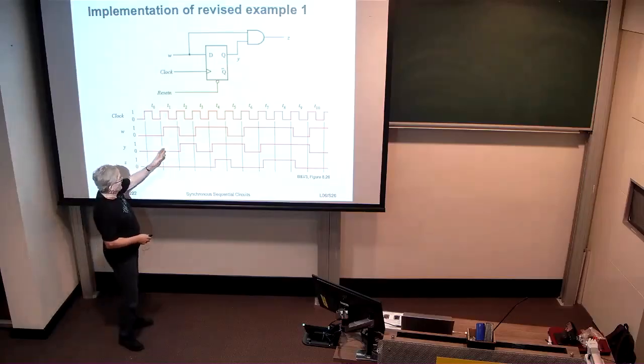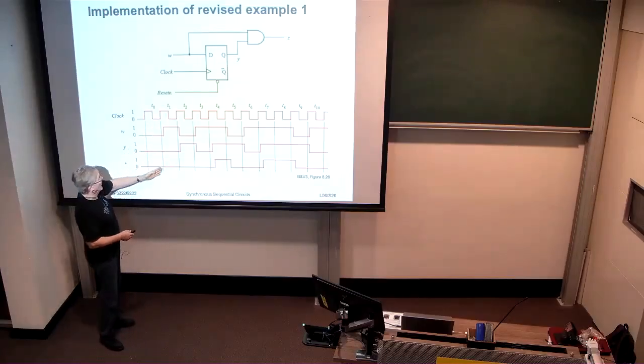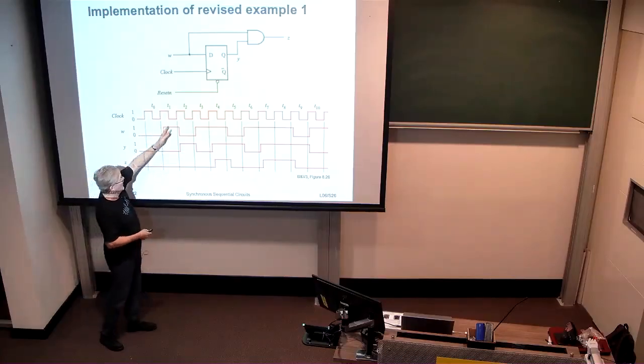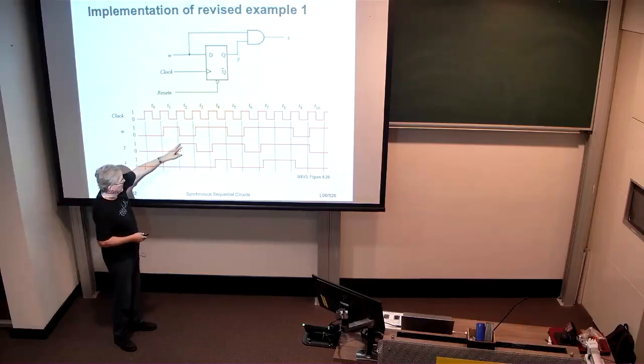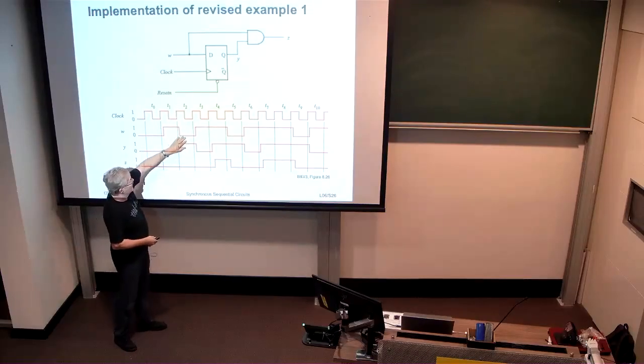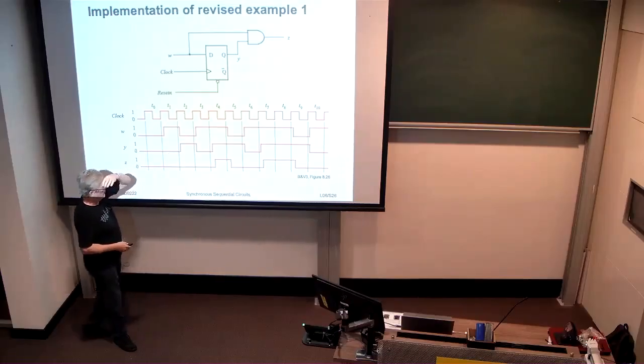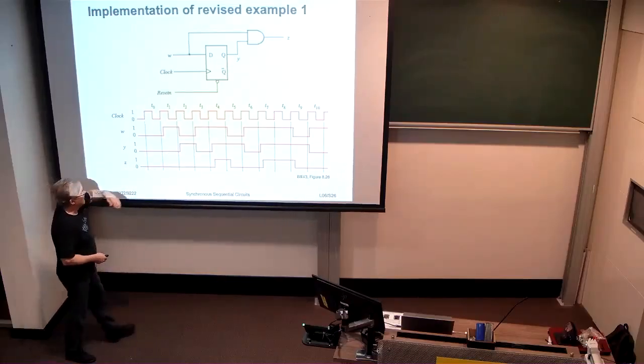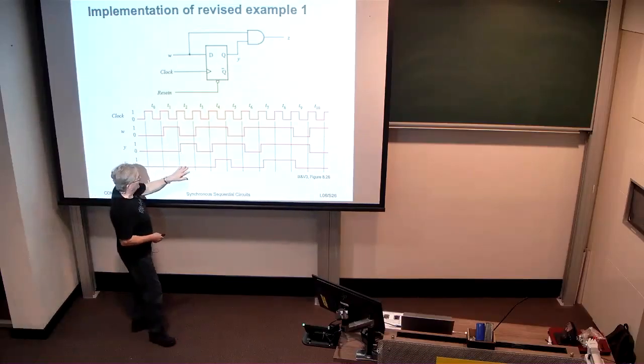When we analyze it then, here we've got W is 0, so no change in the state from 0. Rising clock edge at time period T2, we've got input W is 1, therefore the flip-flop goes to 1. But at that time, W is 0 again, or becomes 0 very quickly, and therefore Z is 0.